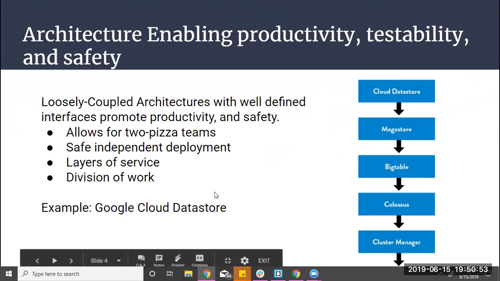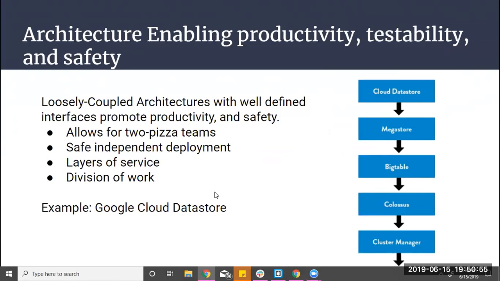A loosely coupled architecture allows for small, productive teams that can make small changes that can be safely and independently deployed. With well-defined APIs, testing, creation of contracts, and SLAs, it's easier to coordinate between teams. Google has used this type of architecture in Gmail and in its Google Cloud Data Store.